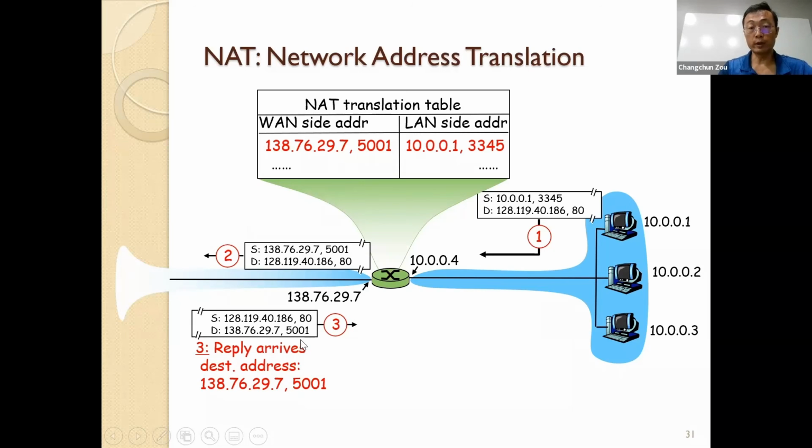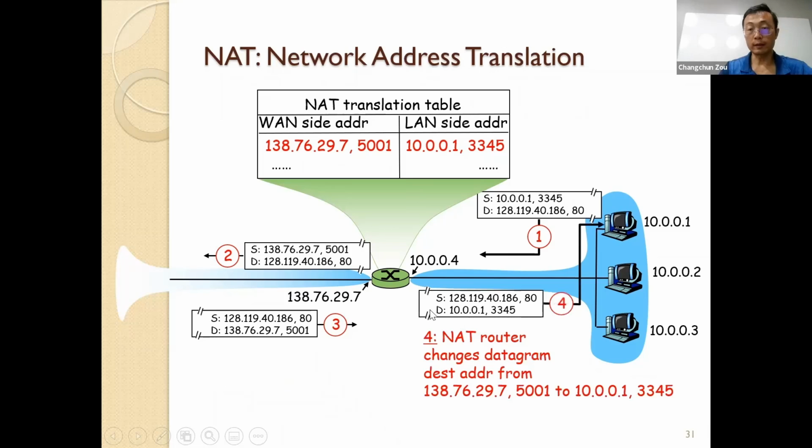When the router receives this packet, it checks the lookup table to find this entry, then translates back the destination IP address and destination port to the private IP address and the original port number. Then the packet is delivered to the source client computer.